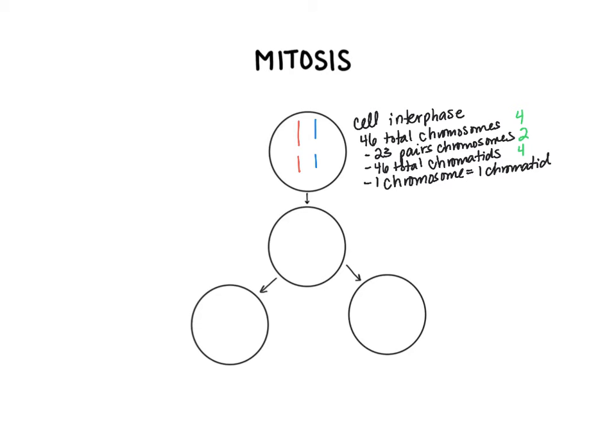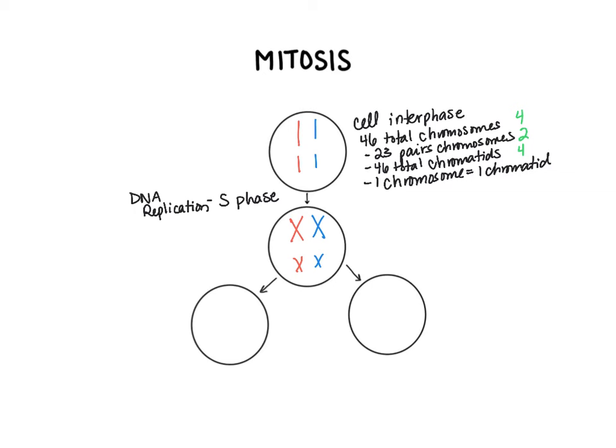Now this first arrow here represents the S phase of interphase. And remember that in the S phase, we have DNA replication occurring. And so those bar-shaped chromosomes are now going to look like an X because each one of them had a complete copy made.